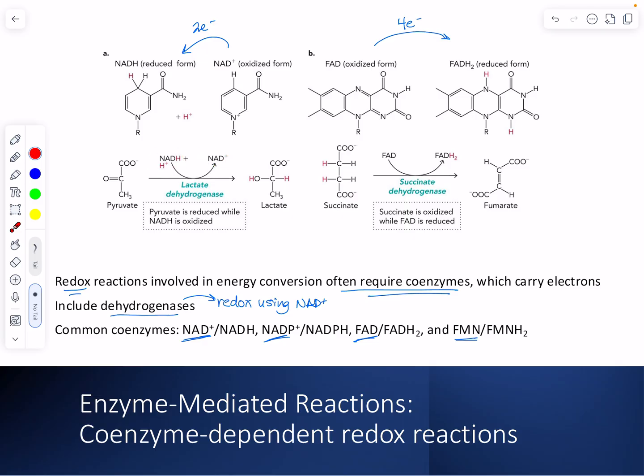And in this case, where we're using FAD, we are taking succinate and we're going to oxidize it. So we're going to be making a double bond between those carbons and removing those hydrogens and their electrons. And so we're going to wind up in the end with fumarate as the product, and we've passed electrons on to FAD to make FADH2.